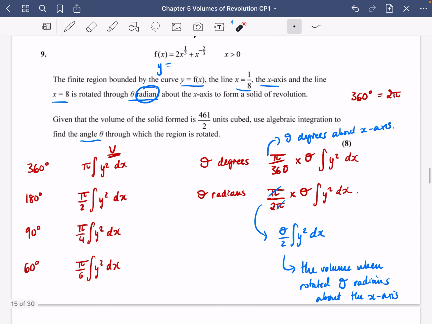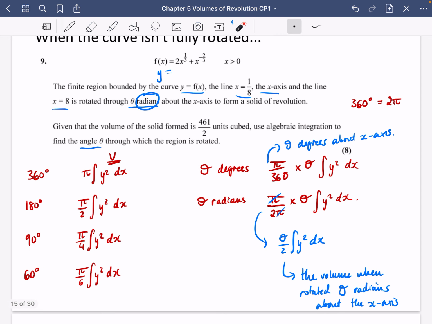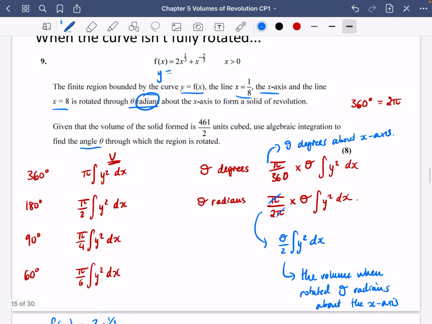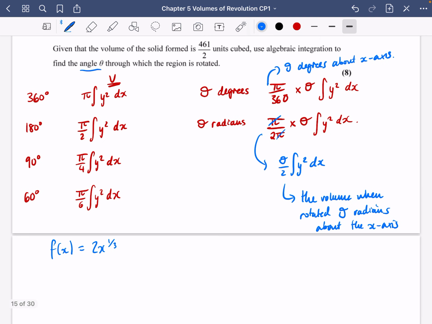So let's just read what it said again. I'm going to keep all of this stuff down here and just do this down at the bottom. So we've got that f of x is equal to 2x to the third plus x to the minus 2 over 3.